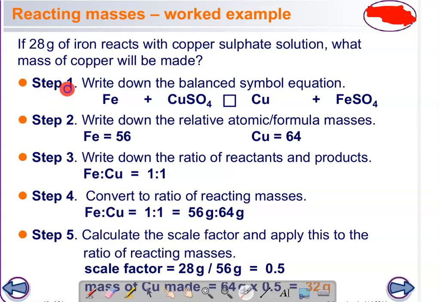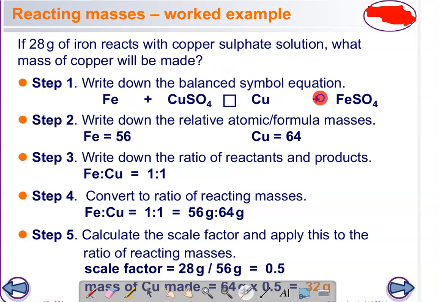Step one, write down the balanced symbol equation. Here you will need to apply your balancing of equations skills. You know that you are reacting iron with copper sulfate, and you know that one of the products is copper. You must know the other product and write the balanced equation down.